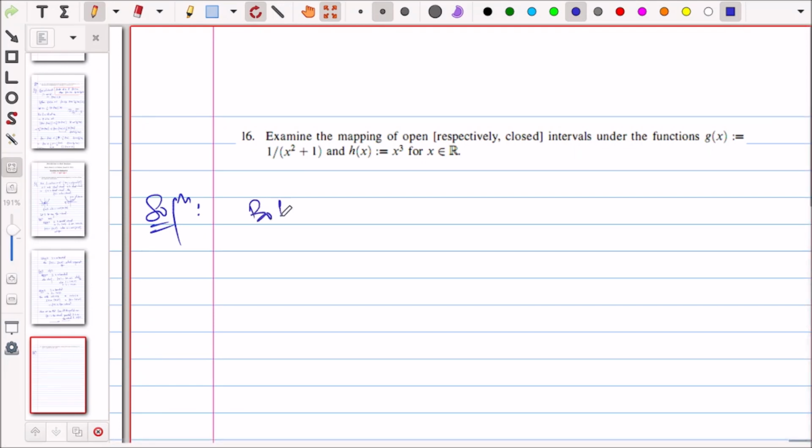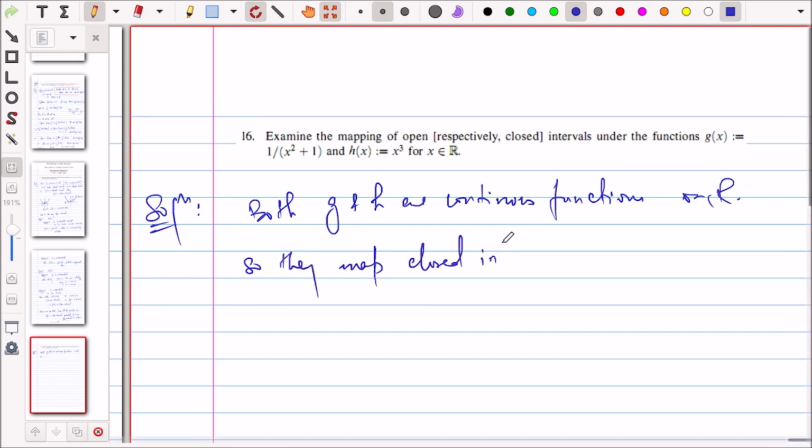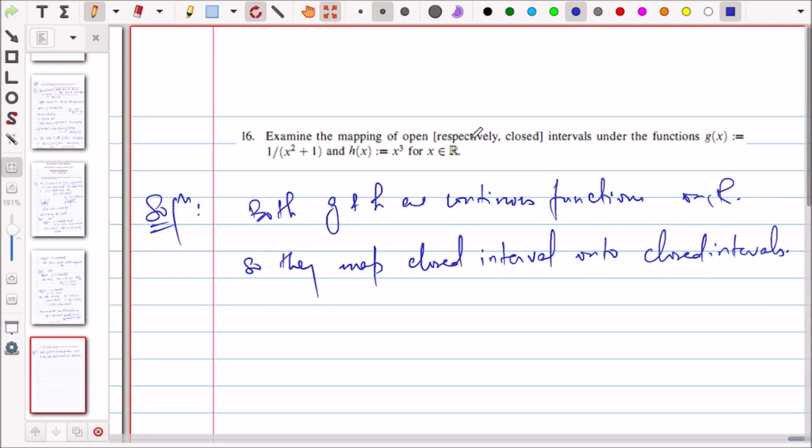Both g and h are continuous functions. g is a rational function, so it is continuous, and h is a polynomial function, so it is continuous, and the domain of g is the whole of R, and the domain of h is the whole of R, so they are continuous on R. So they map closed intervals onto closed intervals. So about closed intervals we are done.